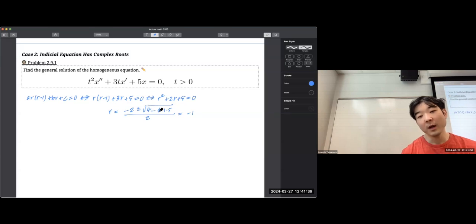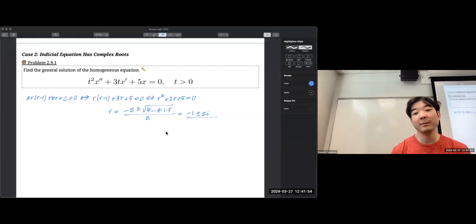And then 4 minus 20 is -16, and inside of this square root is going to become 4i, divided by 2. So it's going to be plus or minus 2i. So this is a case where your indicial equation gave you complex roots.